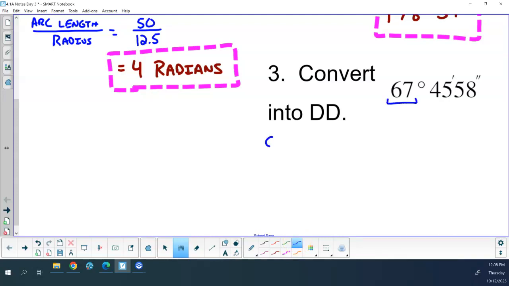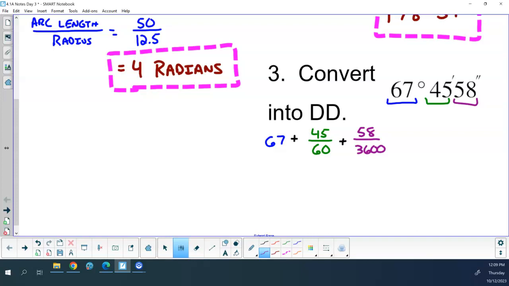So that's going to be 67 plus 45 parts of 60. I'm going to add that to it. Plus 58 parts of 3,600. So now they're all in degrees.